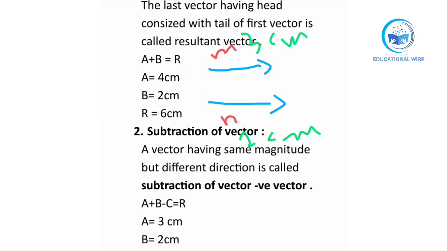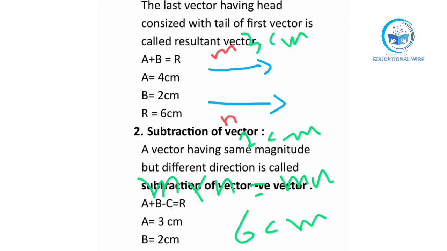Now what we will do, these both are positive, so M multiply N is equal to Mn. Okay, so Mn is equal to 6 centimeter. Now how will we make the line of 6 centimeter?